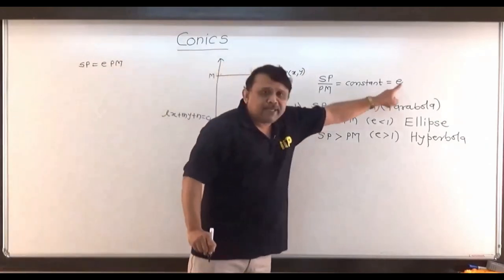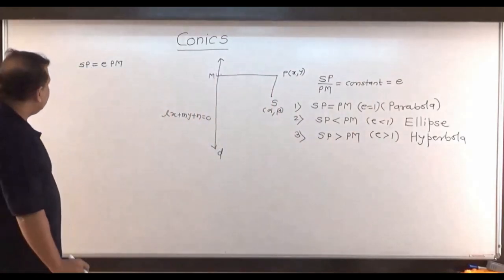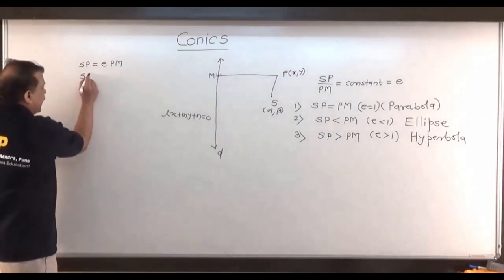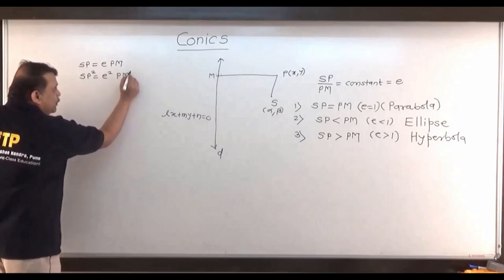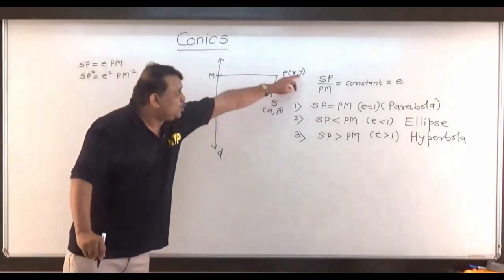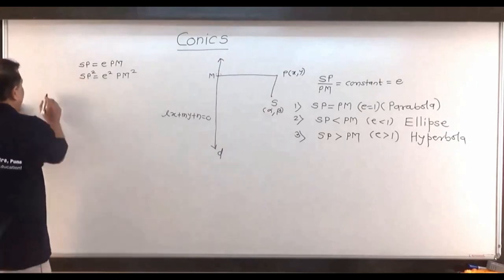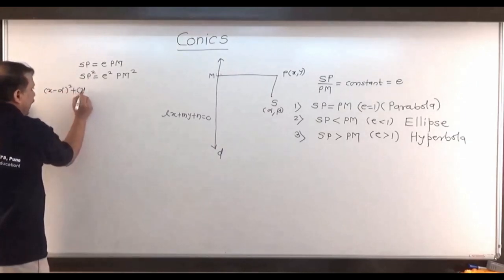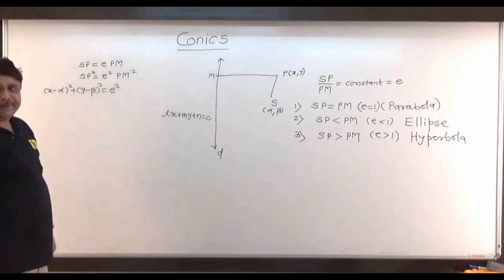SP upon PM is E, just cross multiply, I get SP is equal to what? E into PM. Can I square this? Yes. If I square this, I get SP squared is equal to E squared into PM squared. S is known to be (alpha, beta), P is known to be (x, y), so the distance between S and P is given by the distance formula: (x minus alpha) squared plus (y minus beta) squared is equal to E squared.